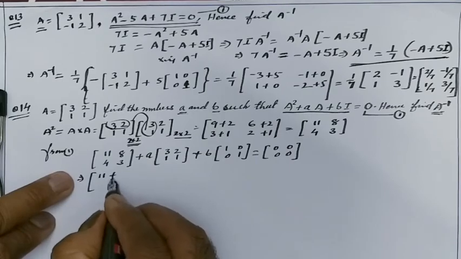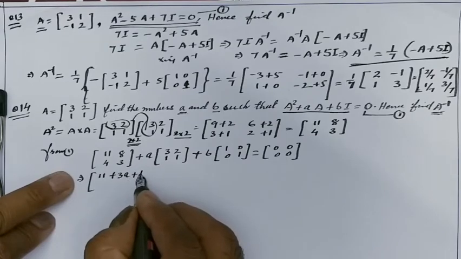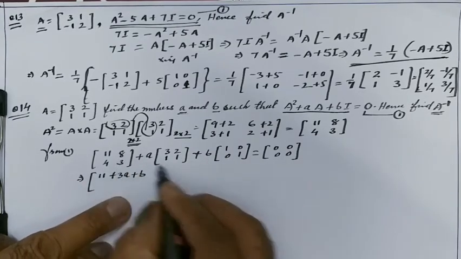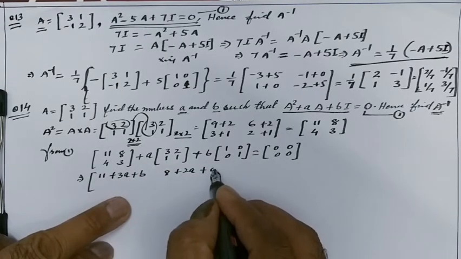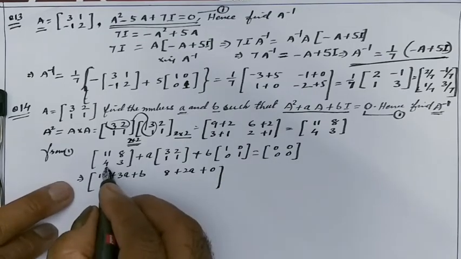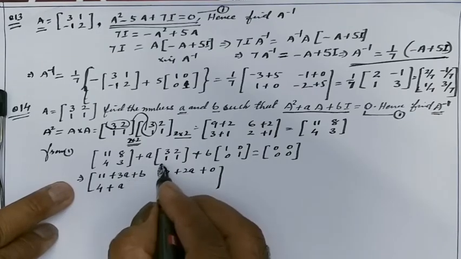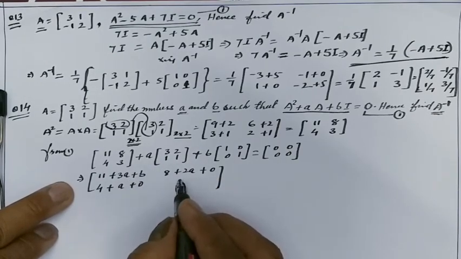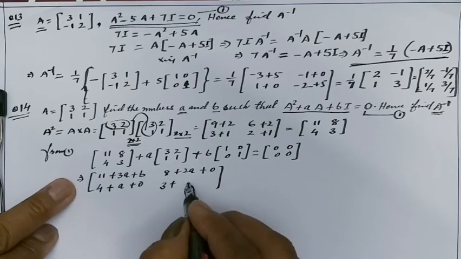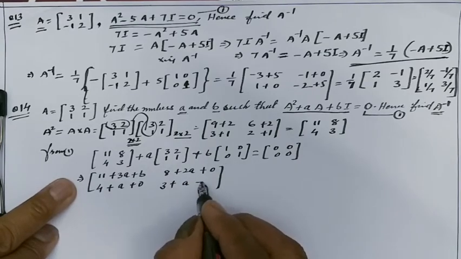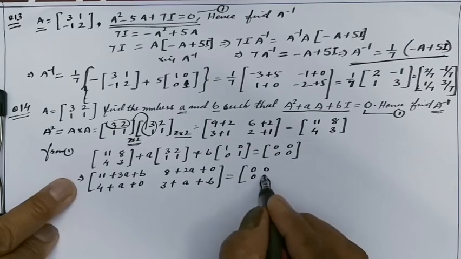So 11 plus 3a plus b, then 8 plus 2a plus 0, 4 plus a plus 0, and 3 plus a plus b is equal to (0, 0; 0, 0).